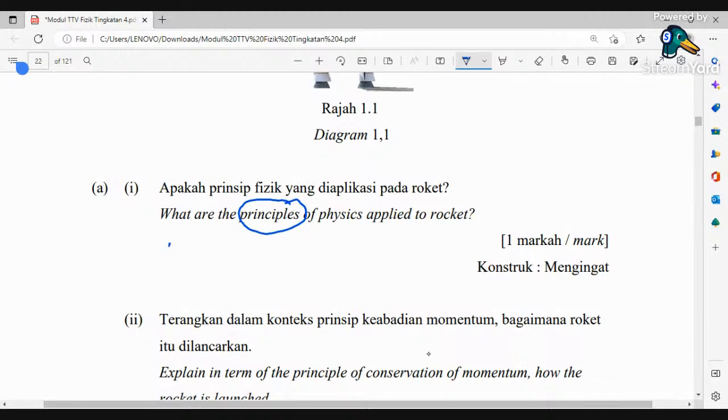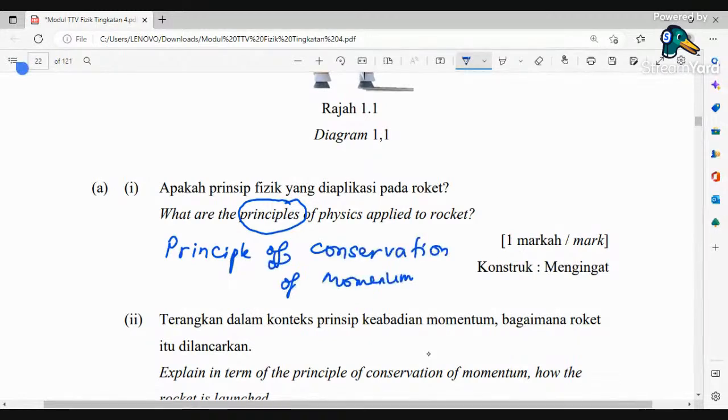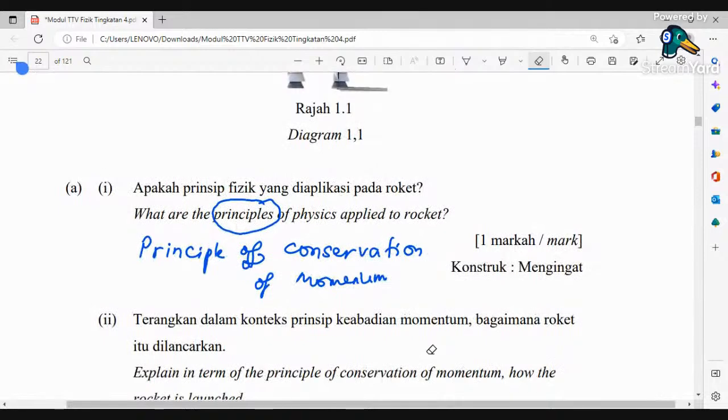You must write principle of momentum. Okay, principle of conservation of momentum. Tulisan saya. Momentum.